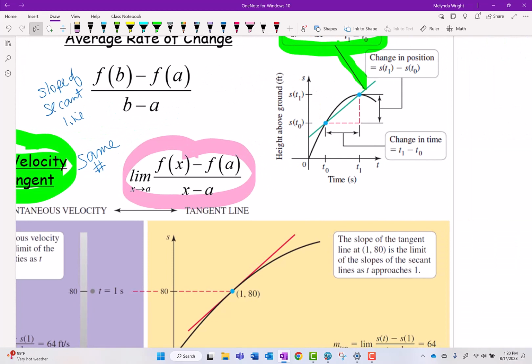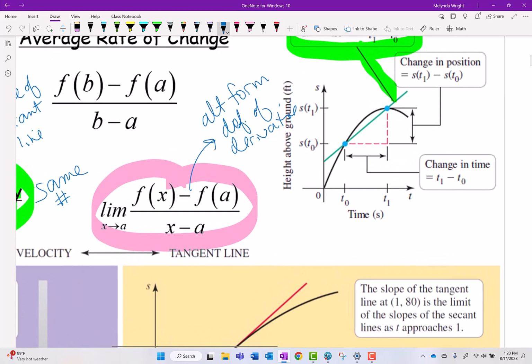So let me write a little note here. This is called the alternative form of the definition of the derivative. Now, we're just doing big picture things today. We're not going to actually use this formula to calculate the alternative form of the definition of the derivative.